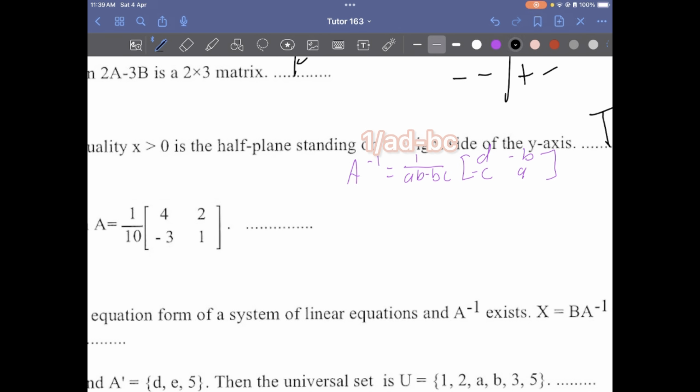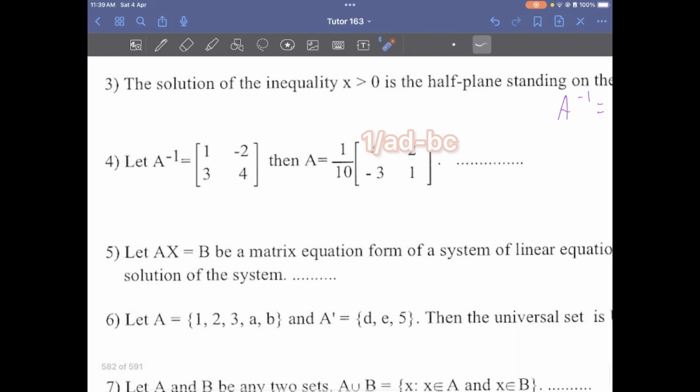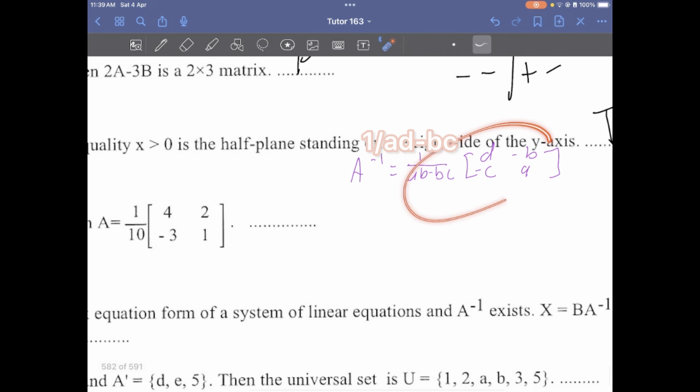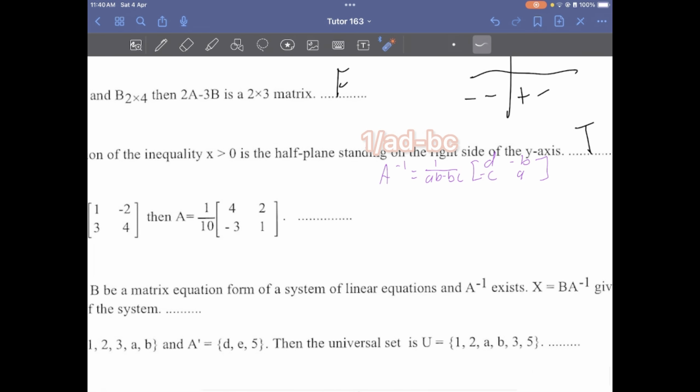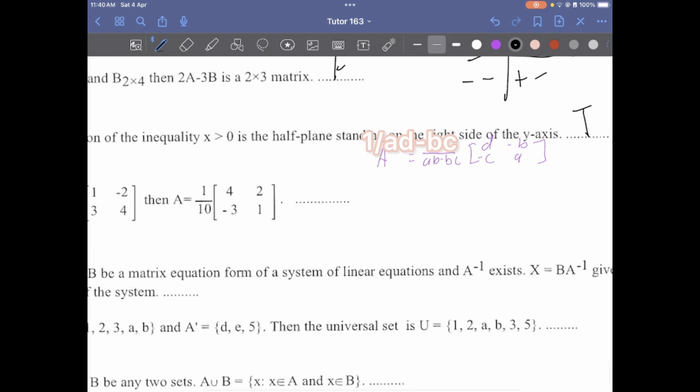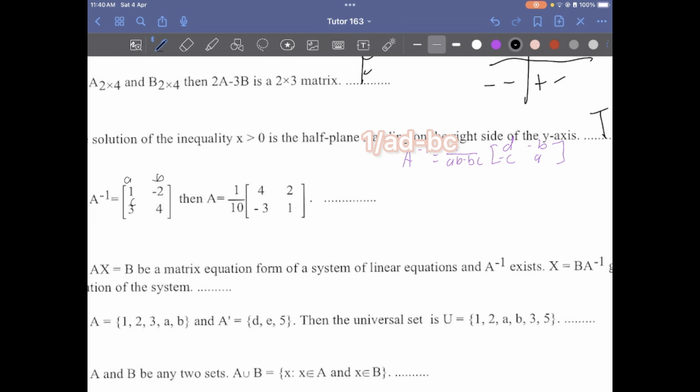Okay, so all you have to do is substitute these values from here, over here. And if it's correct, then we have a true statement. So remember this A, B, C, D. This will be 1 over (1 times 4 minus negative 2 times 3). D and A switch position, so 4, 1.